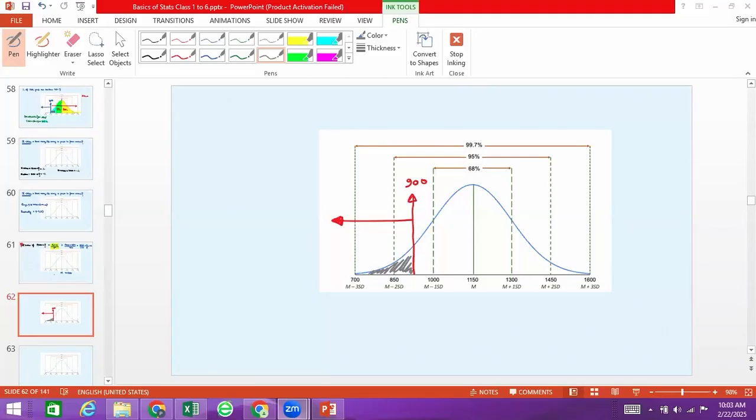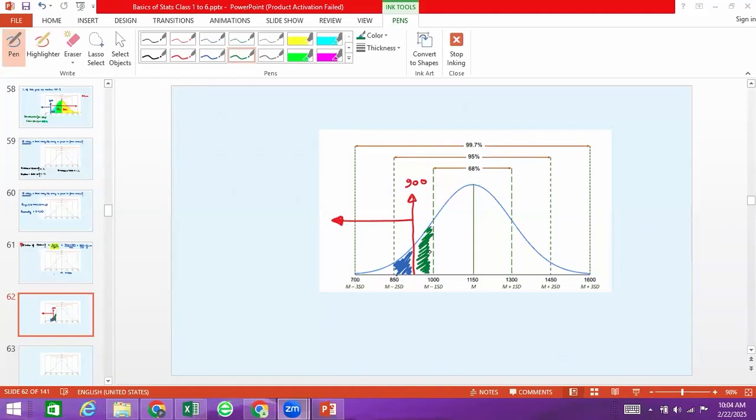Have you assumed that this much data, this much, and this much is the same? Have you assumed that it is divided into three parts? If you have to take 1000 between 850, divided by 3.